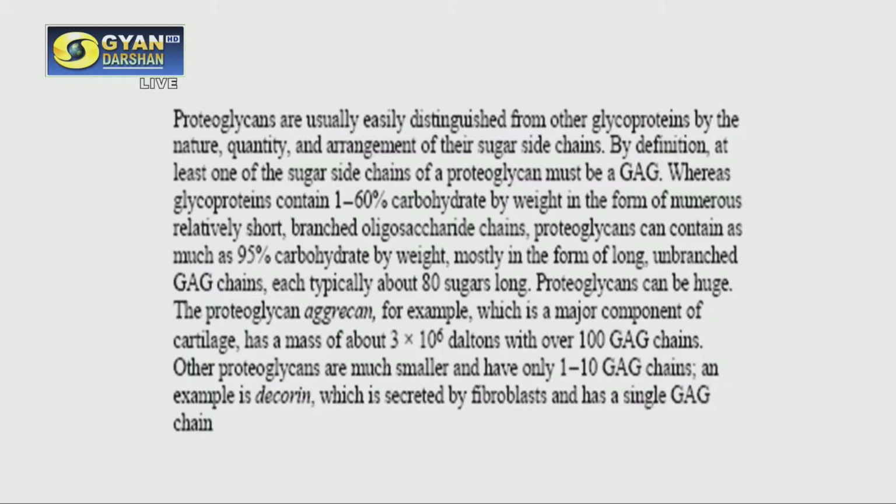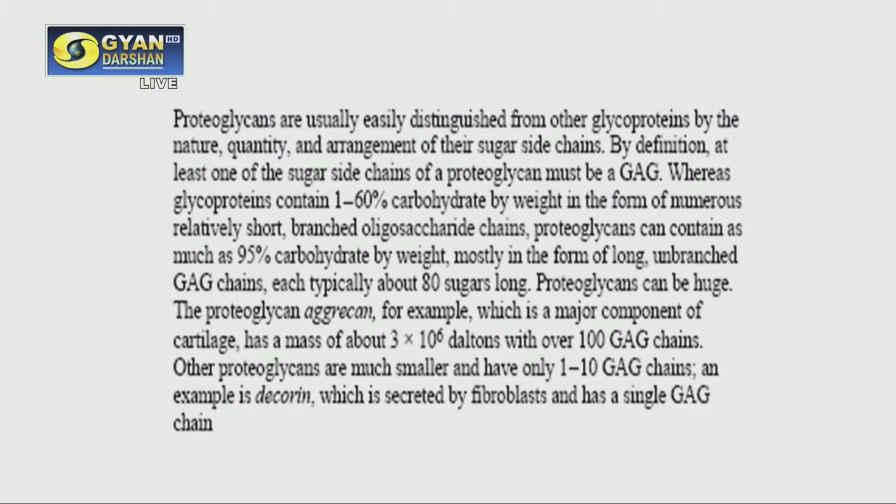But there is a basic difference. What is that difference? Glycoprotein contains 1 to 60% carbohydrate by weight in the form of short branched oligosaccharide chains. But proteoglycan contains as much as 95% carbohydrate by weight.